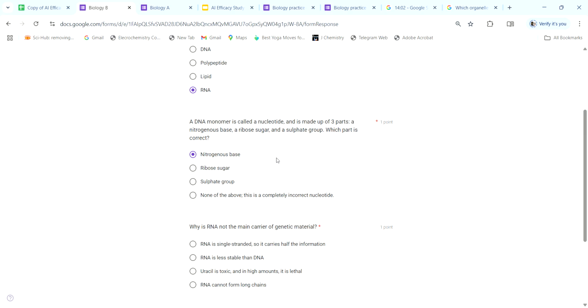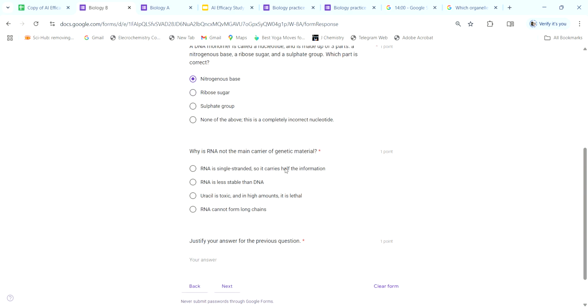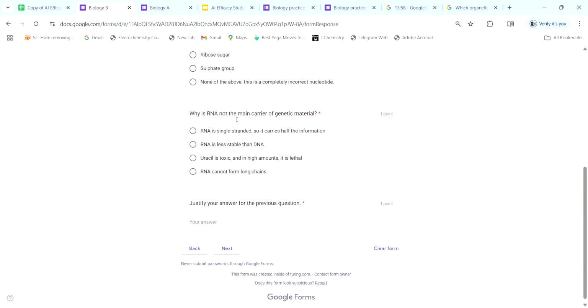Why is RNA not the main carrier of genetic material? RNA is single-stranded, so it carries half the information. RNA is less stable than DNA. Uracil is toxic and in high amounts it is lethal. RNA cannot form long chains. So I'll go for RNA is less stable than DNA. What is the justification?